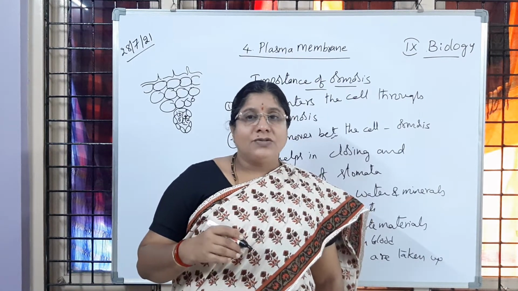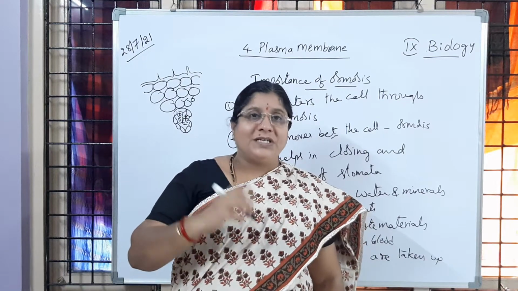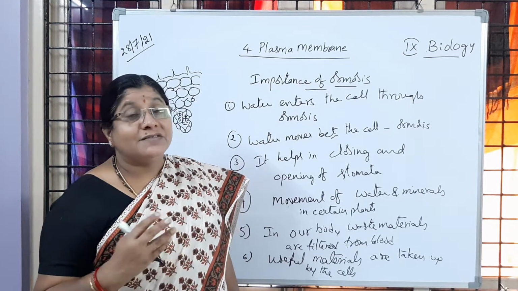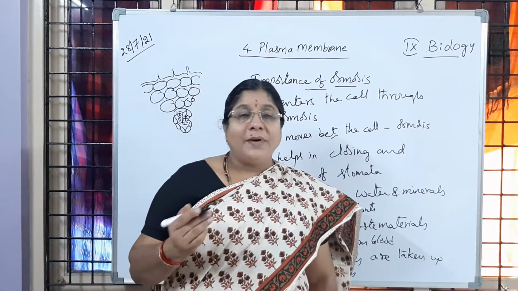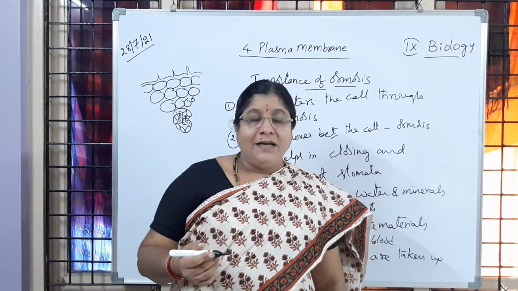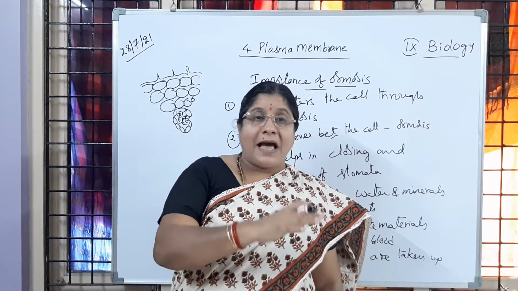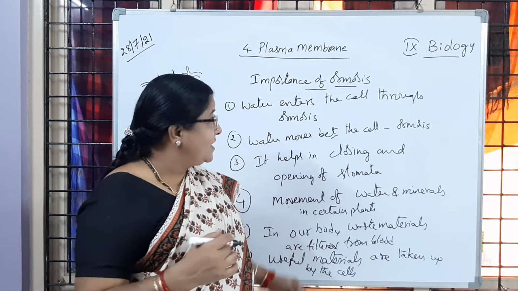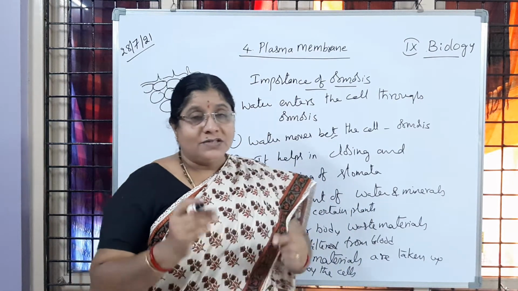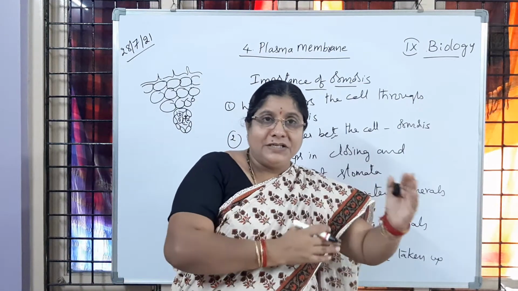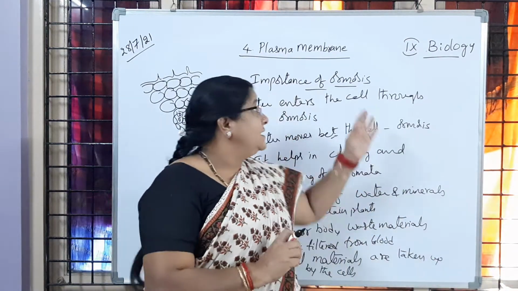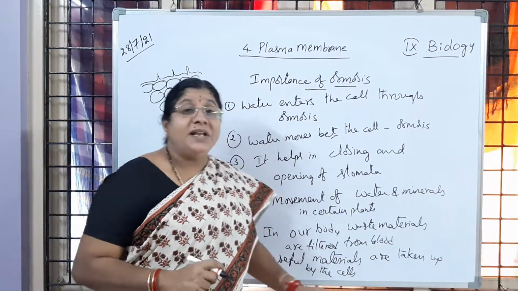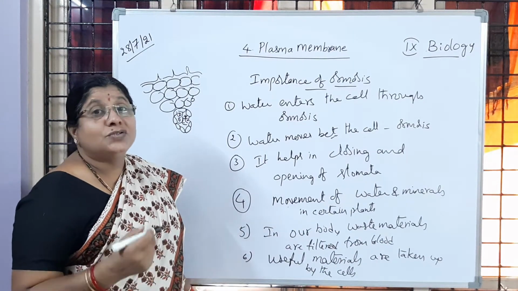You learnt that, children? Those microvilli help in absorption of food material, whichever is digested or simple in form, like amino acids, glucose and fatty acids. As end products from the digestive system, they are going to enter into the blood, and that is because of osmosis. The useful materials entering into the cells through the plasma membrane is also because of osmosis. So like that, osmosis is very important for living cells to survive.